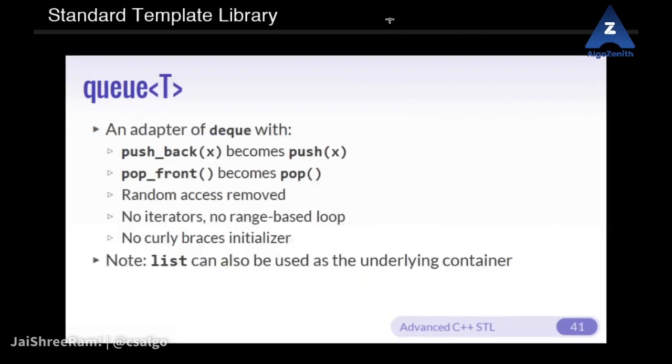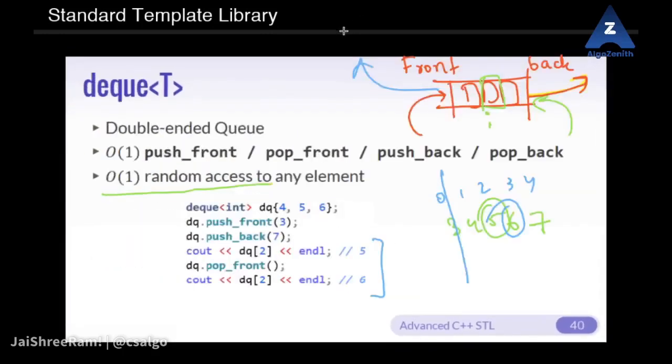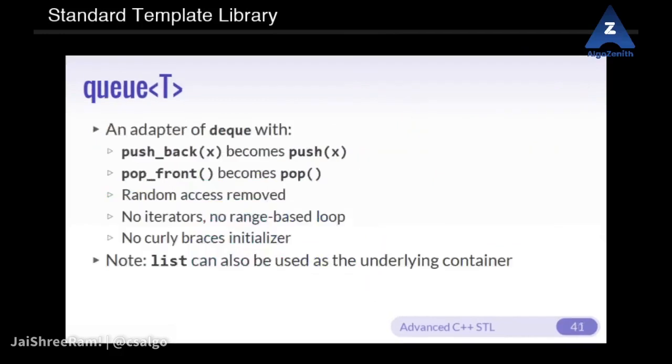Then you have the queue. This dq, queue, and stack are all adapters, and the queue and stack can be implemented very straightforwardly using vectors. That's why they are called adapters, because their implementation is taken from the other standard sequential or associative structures.